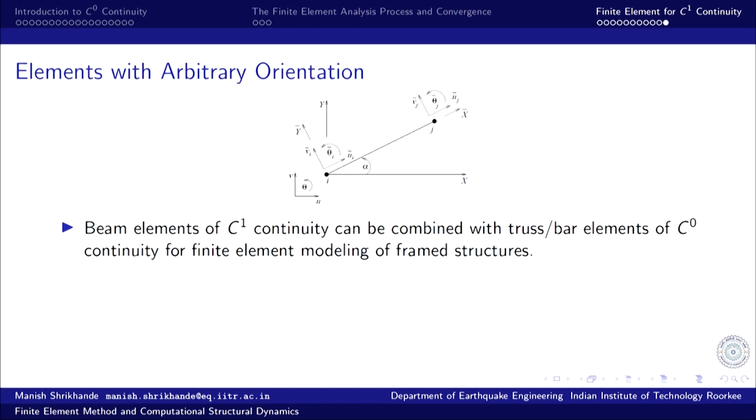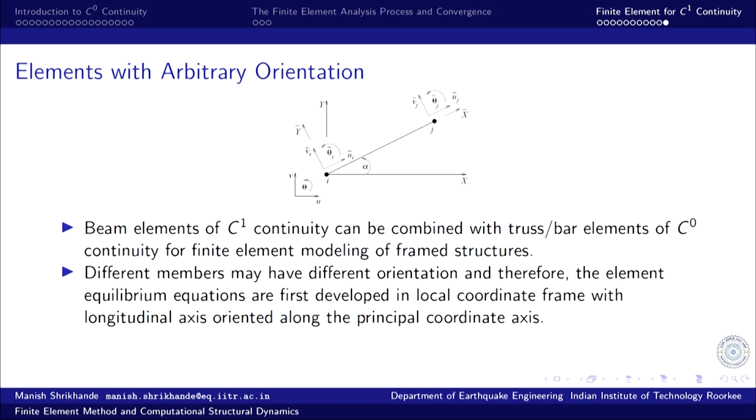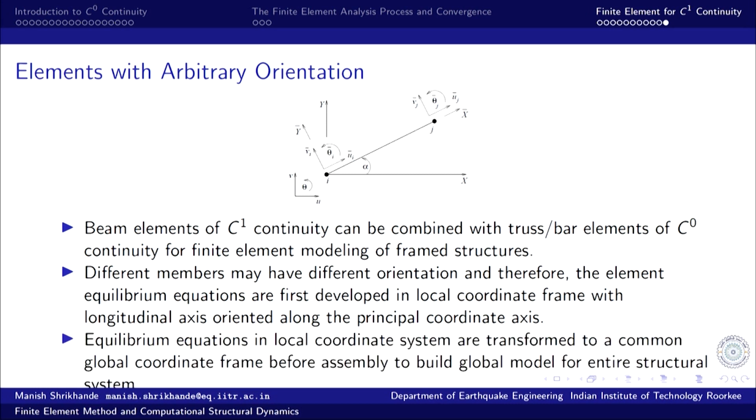And once that is done, of course, the boundary conditions would be imposed, and equilibrium equations in local coordinate system are transformed to a global coordinate frame before assembly to build the global model for the entire structural system.